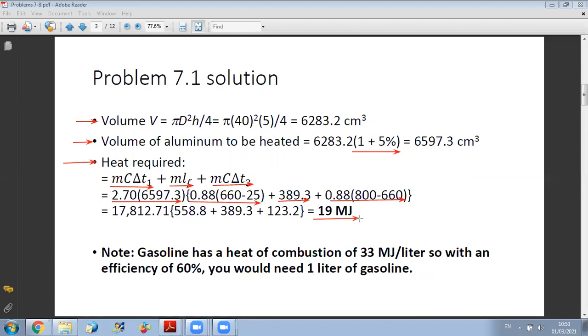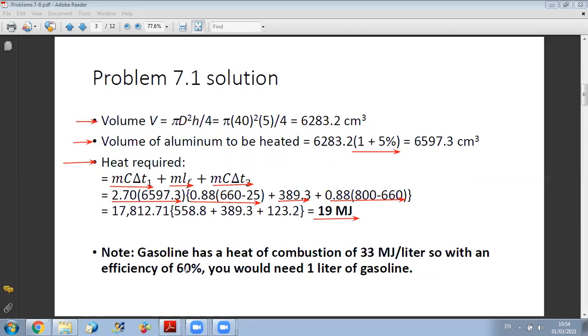So for example, if they told us gasoline has a heat of combustion of 33 megajoule per liter and has an efficiency of 60%, what will be the volume of gasoline to perform combustion on to obtain this amount of heat? You can do the following. You know that any combustion will not be 100% efficient because we have certain thermal losses.